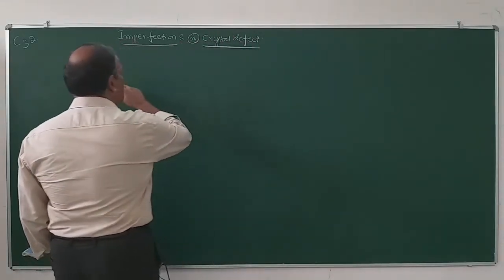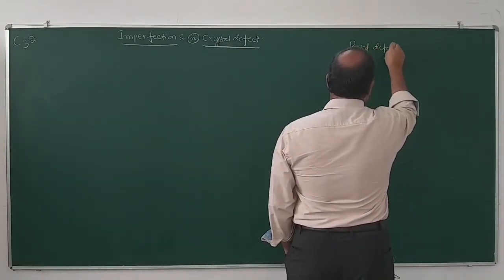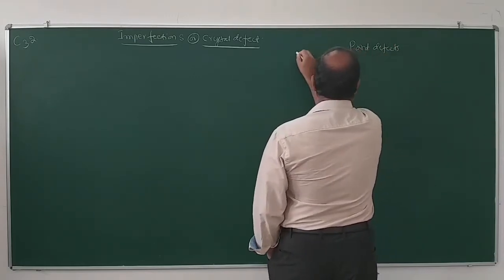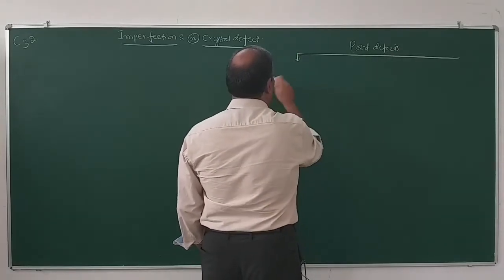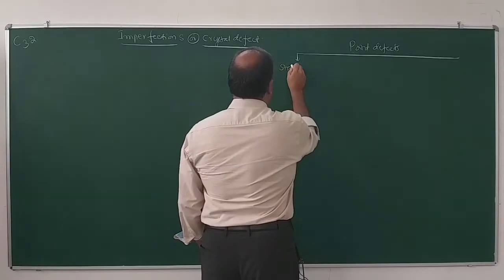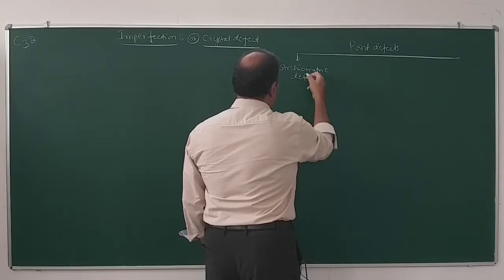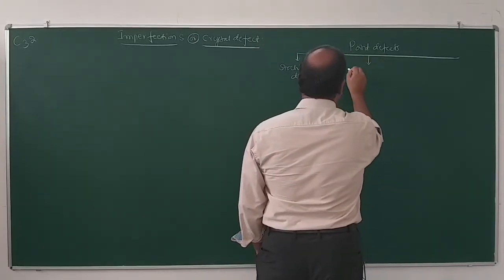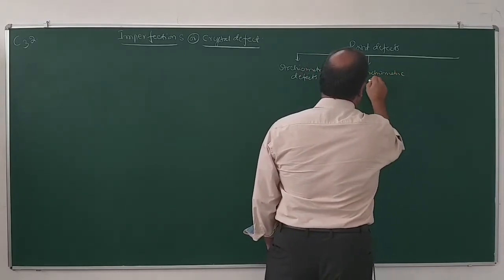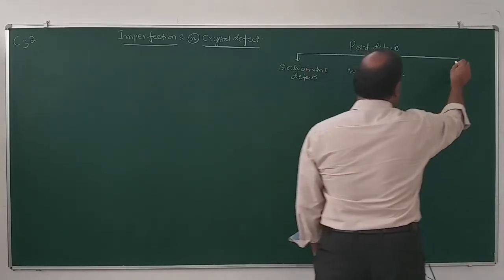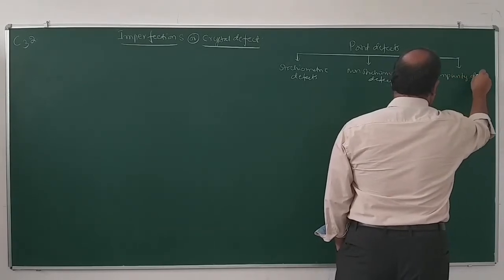Point defects are of mainly three types. Number one, stoichiometric defects, number two, non-stoichiometric defects, and number three, impurity defects.